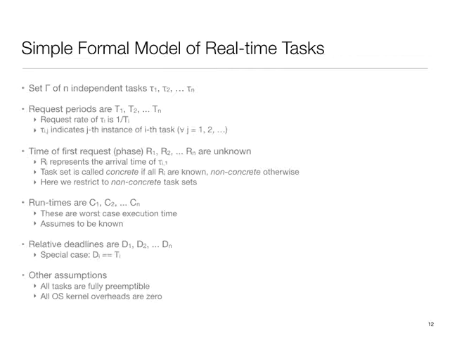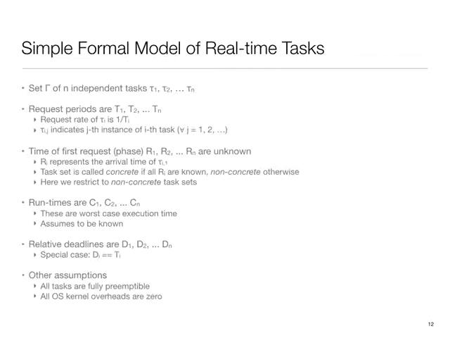And another thing is that life would be pretty simple if I knew for each one of these tasks when the first request came. Because if I knew for each task the period and when the first instance came, then effectively I know forever when the different instances of a task arrive, and then I can just solve the problem statically.